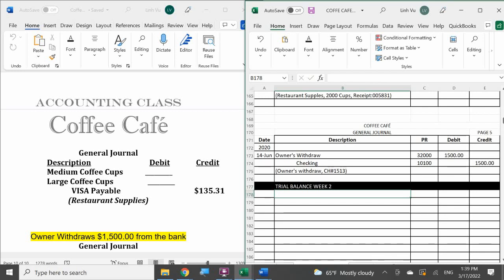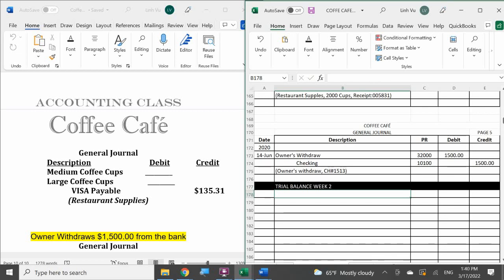As we make our mistakes, we're not waiting till the very end to find them. We're trying to find our mistake as soon as possible, so within the week of transactions. So if I do end up having a discrepancy in my debits and credits, at least I know it's within the transactions that happened as of week 2, starting on June 8th all the way to June 14th.